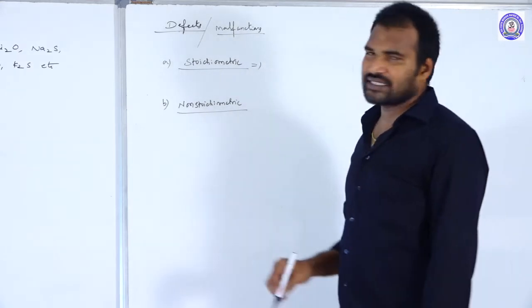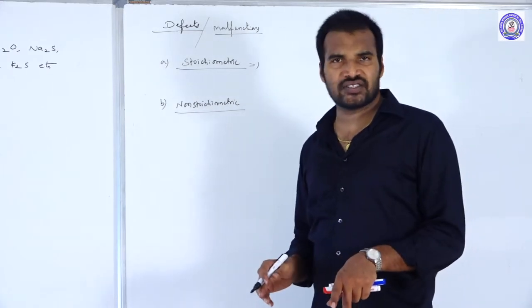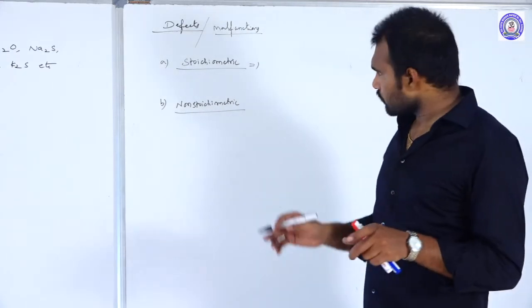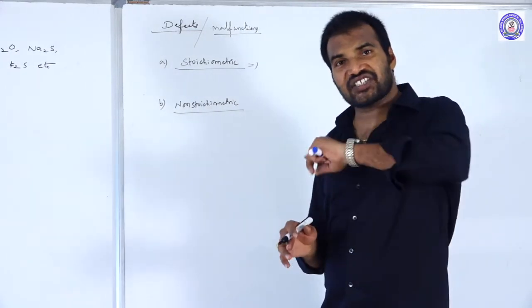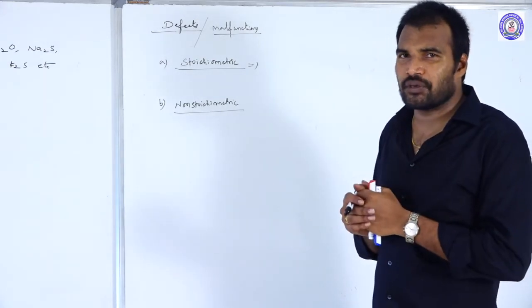What are these stoichiometric defects? These are the defects which maintain the same stoichiometry. Maintaining the same stoichiometry means what?